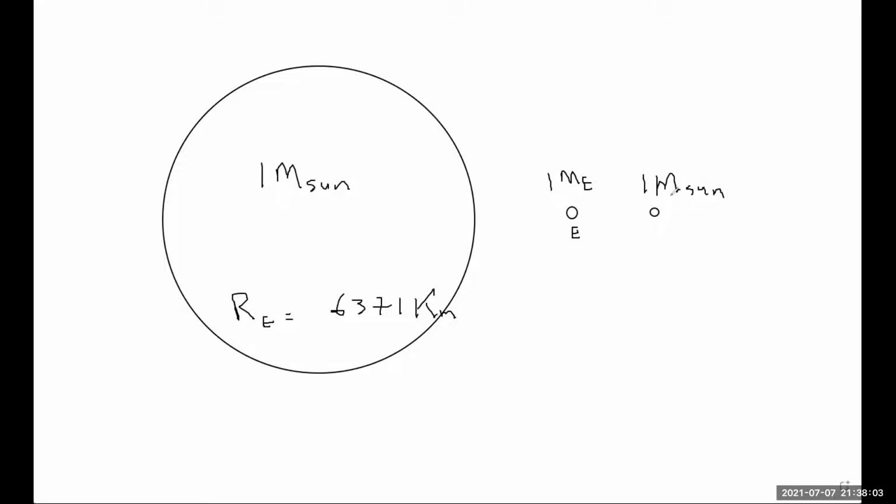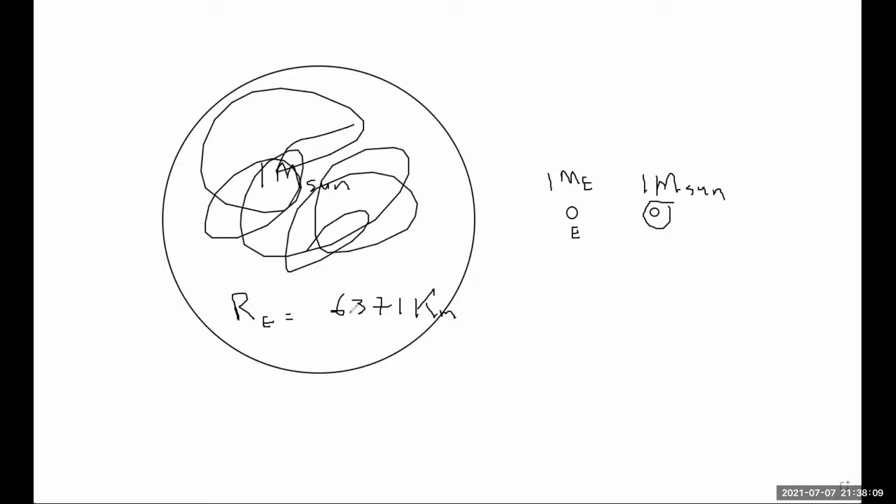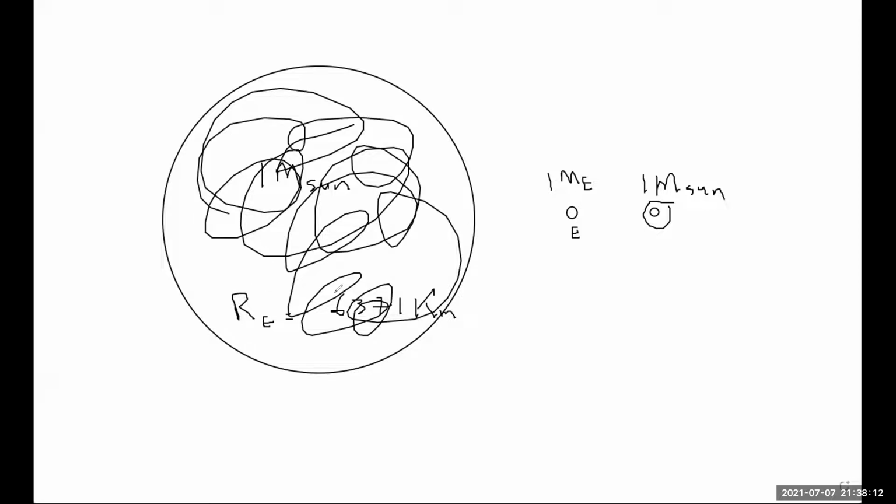Imagine how dense that is. Something that has the mass of this guy, but its size is smaller than this guy. Now, how is that even possible?